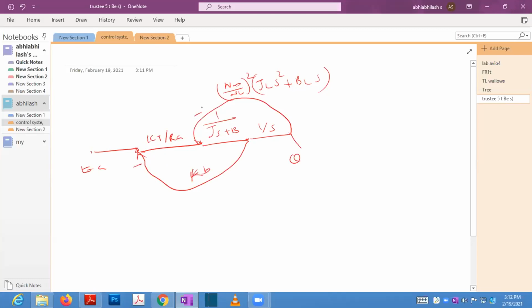This one is minus and this one is minus. So you have to derive the theta M to EA of S.